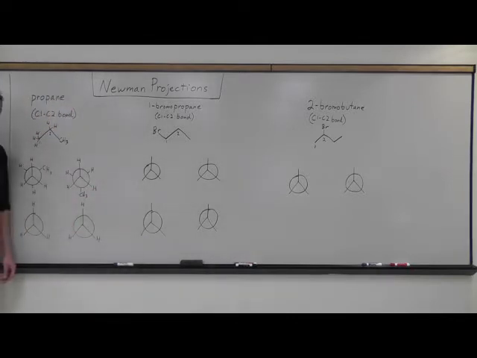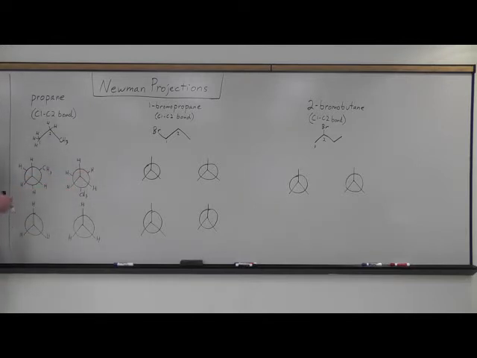Here's another possibility for a staggered conformation. Now notice, because propane is a pretty simple molecule, these two conformations are identical in energy. They're both of the same stability, because the only things bonded on the periphery here are hydrogens, which are very small.